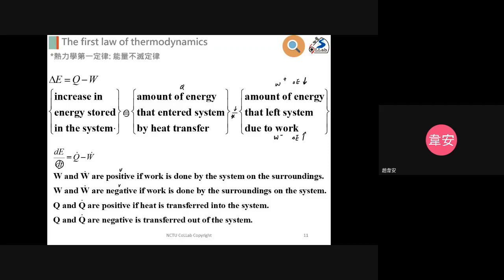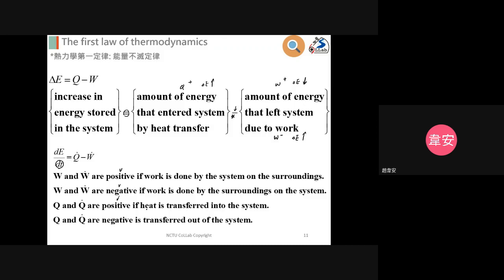If you take a look and follow this equation, you can easily figure out what the positive and negative meanings are. Again, if Q is positive, it will let delta E increase.